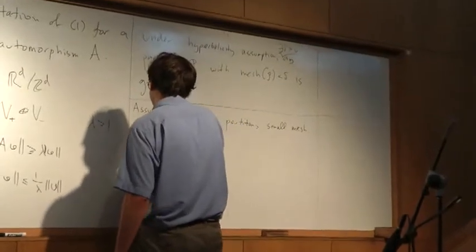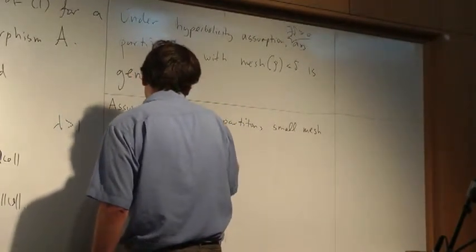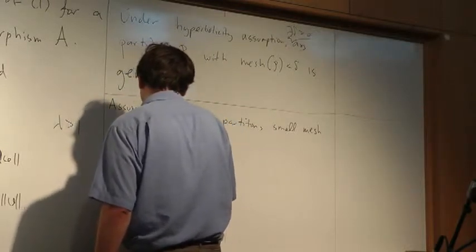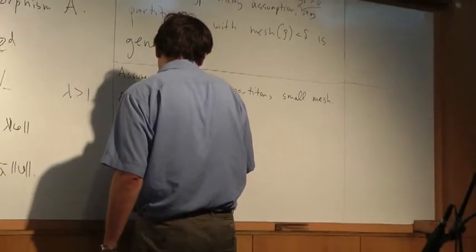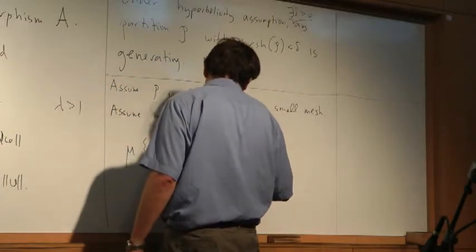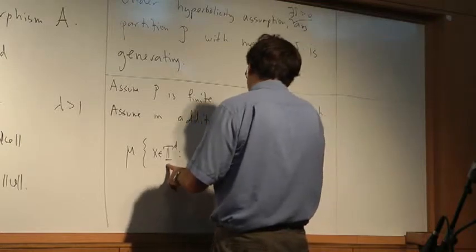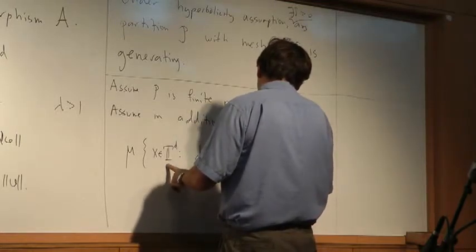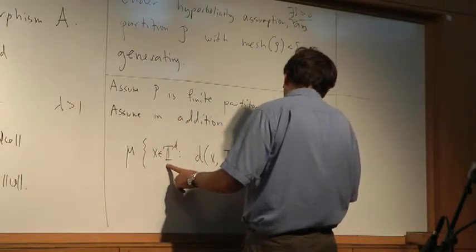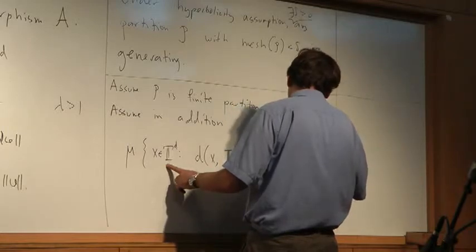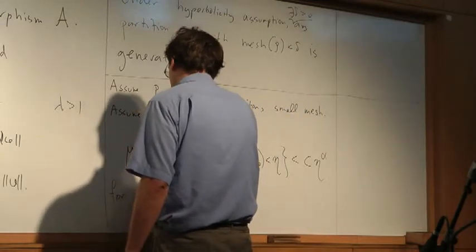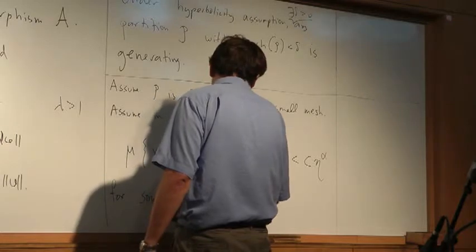Let's assume in addition a slightly technical condition: if I take the measure of those points x inside the torus such that the distance between x and the complement in the torus of the element of the partition containing x is less than, let's say, eta, the measure of the set is less than c eta to the alpha for some c and alpha positive.